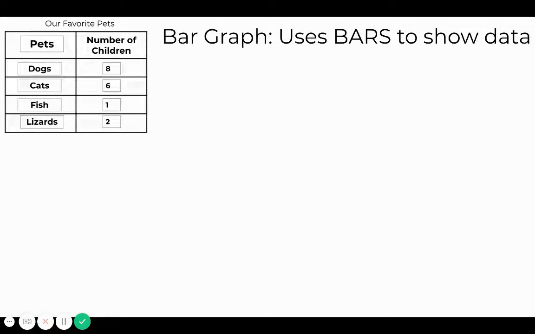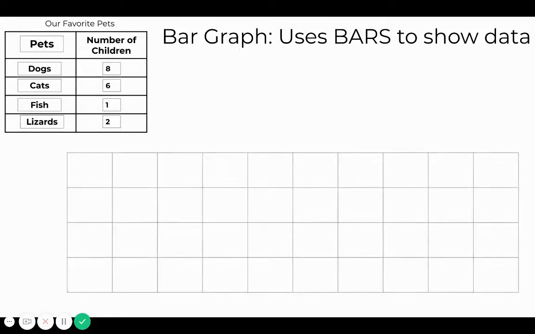Bar graphs are different because they use bars to show data. But before we create anything with our numbers, again, we have to set up the graph. We start with our title, and I'm going to use the same exact title because I'm showing the same exact information, our favorite pets. I want to fill out my categories.